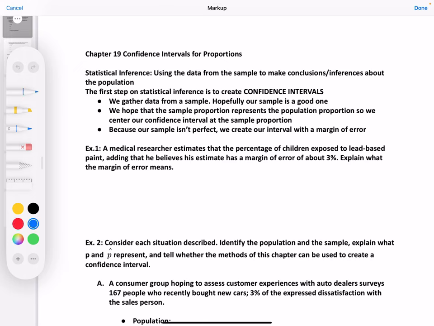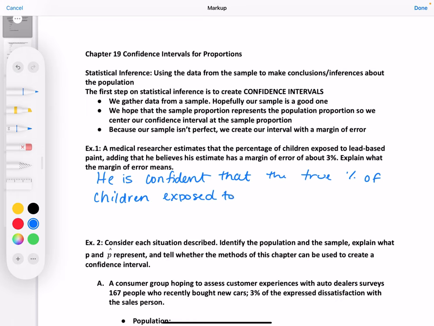So, basically, he is confident that the true percentage of children exposed to lead paint is within 3% of his estimate.